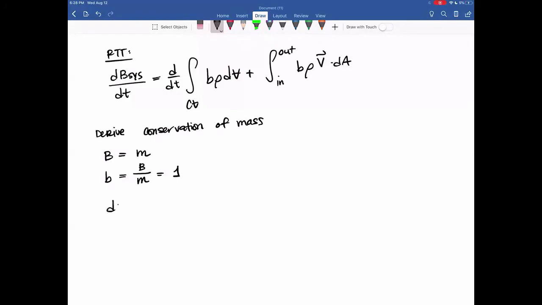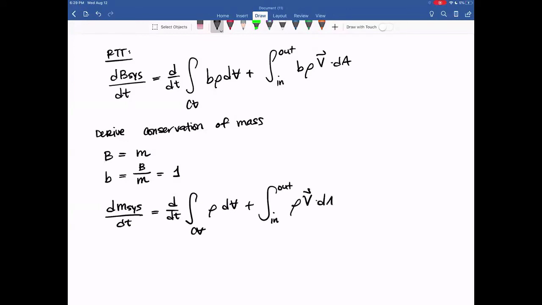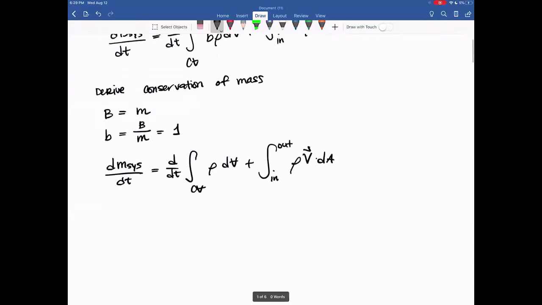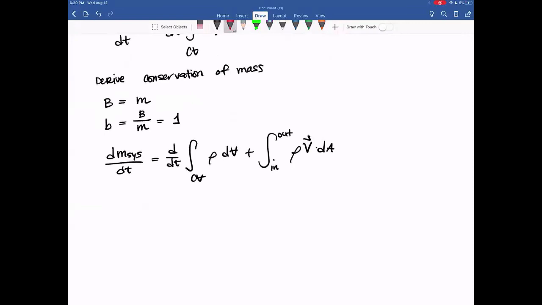So we have dm of the system dt is d dt integral control volume 1 multiplied by density d volume is integral out minus in 1 density directional velocity dA. Okay, this equation is just substituting our extensive and intensive properties into our Reynolds transport theorem.